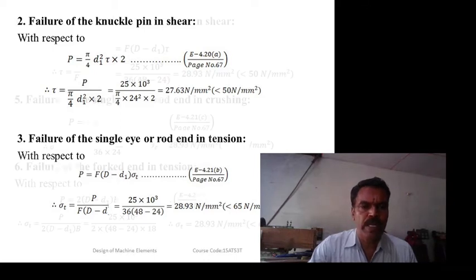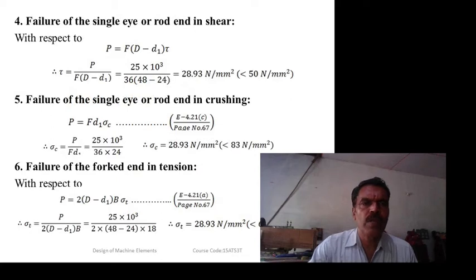So now let us come to the fourth point, failure of the single eye or rod end in shear. We already calculated the sigma t value, but here by using this equation we have to calculate shear stress. P is equal to area into shear stress.